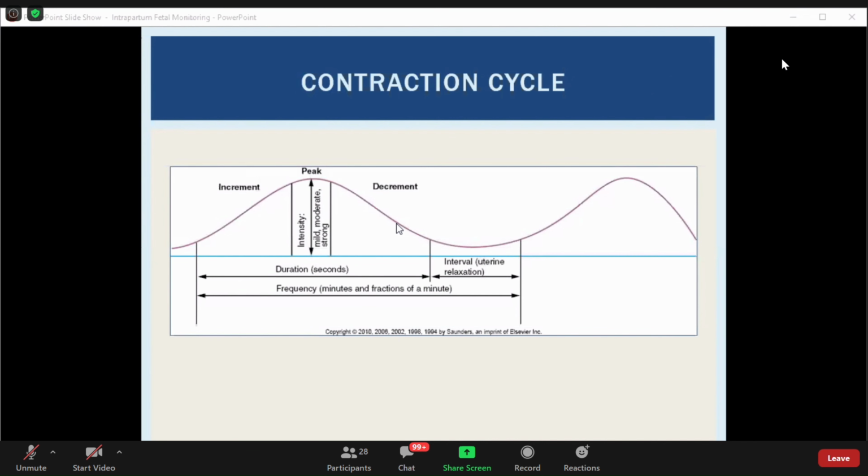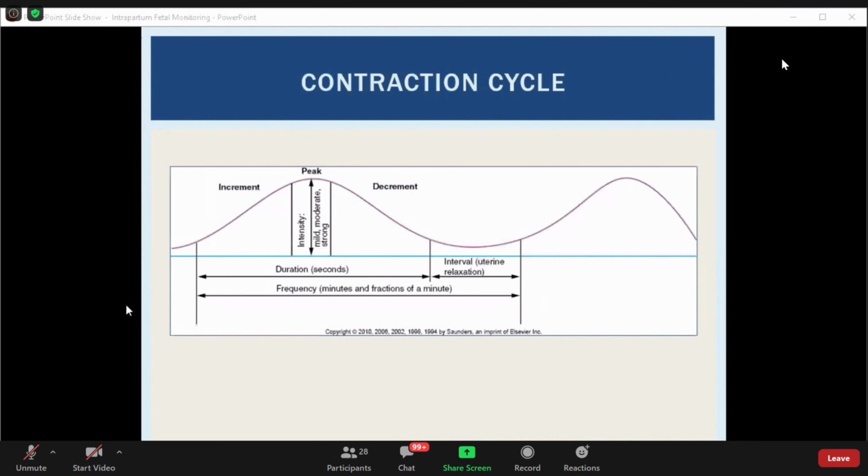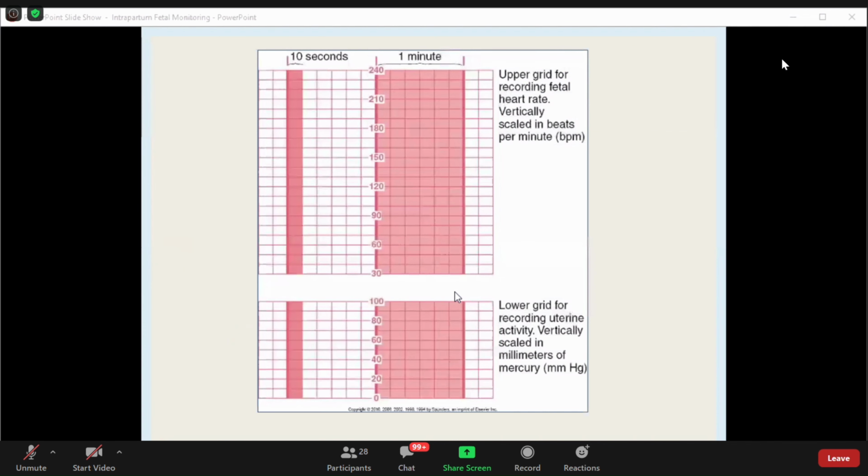And then you have the decrement, the letting down phase of the contraction. This is actually the same slide that we went over yesterday. Duration, frequency, resting interval, all of that is the same. But now we're going to evaluate it.